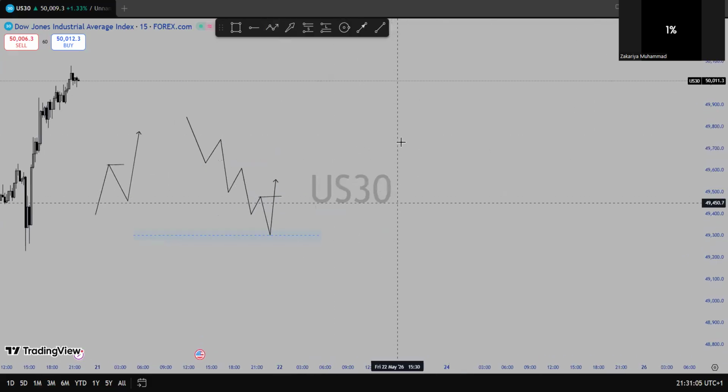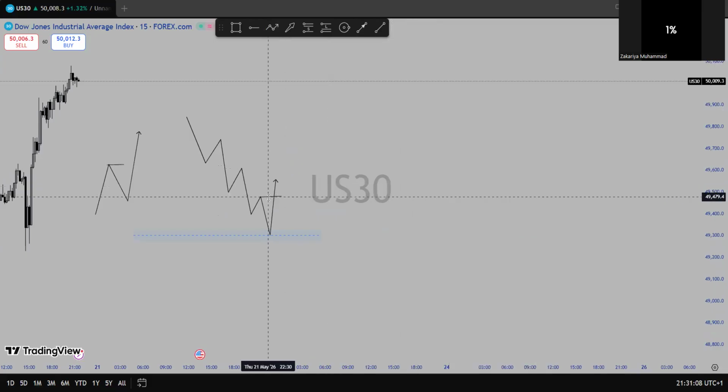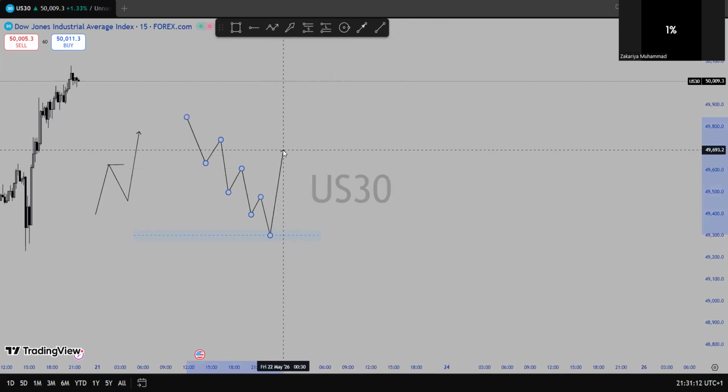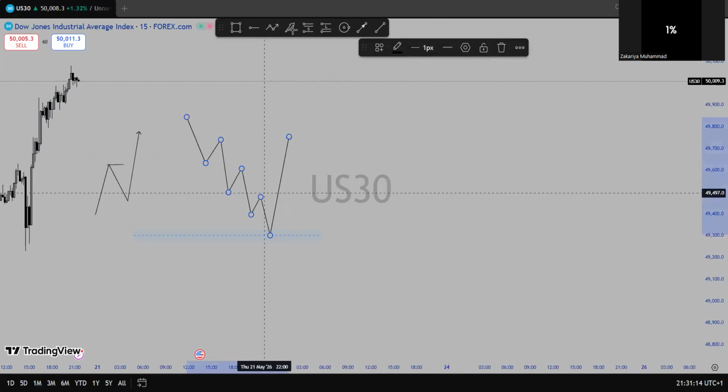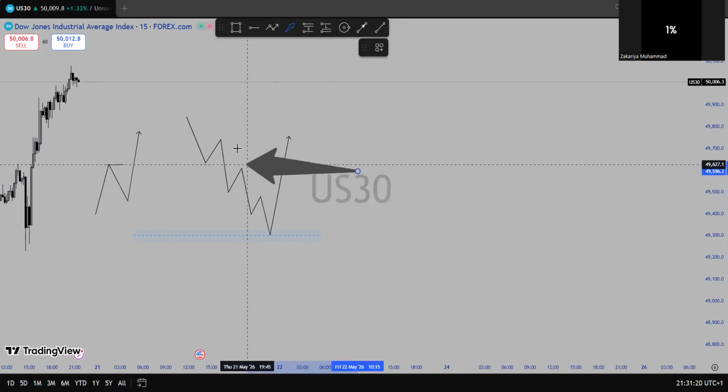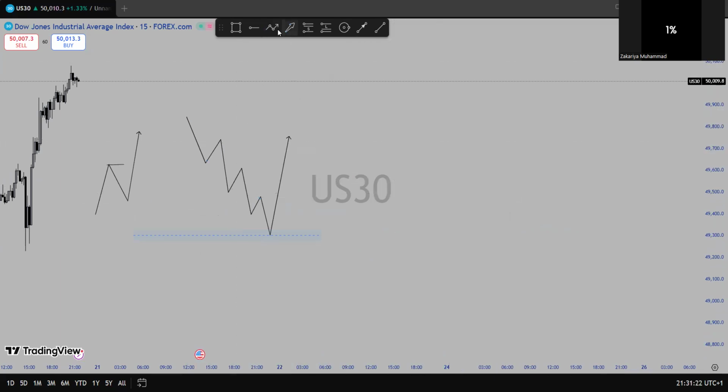I said if we have a market structure shift, there are possible points of interest we can use. When the market breaks a structure, we have one. When we break this high, then we break this high, that means we have how many points of interest in our position? We have 3 points of interest.